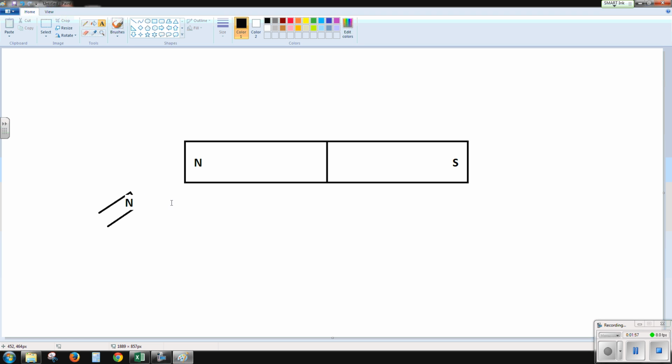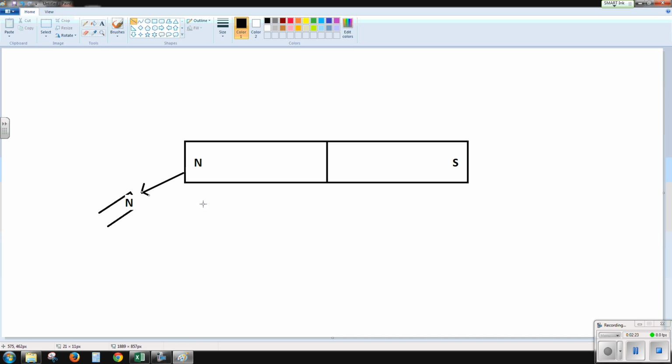The direction depends on the sign, really. So north with north, it would be the polarity, and since they're like polarities, then they repel. Opposites attract, likes repel. So what would happen in this case is you would have a strong repulsive force in this direction.